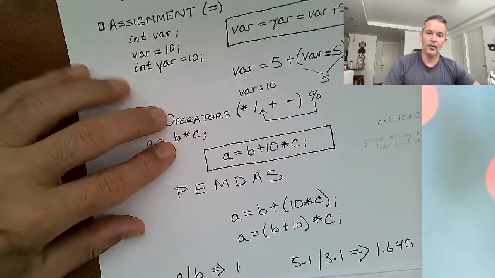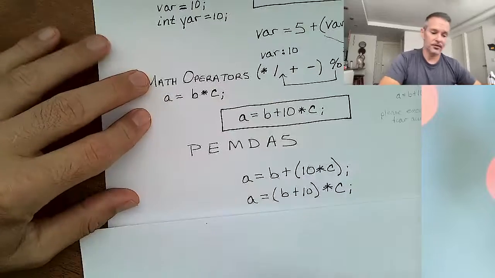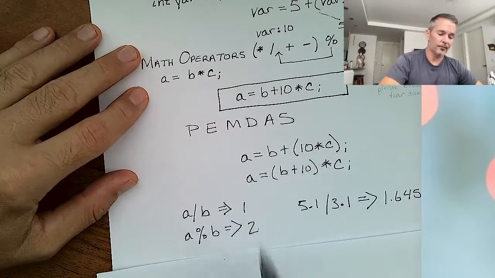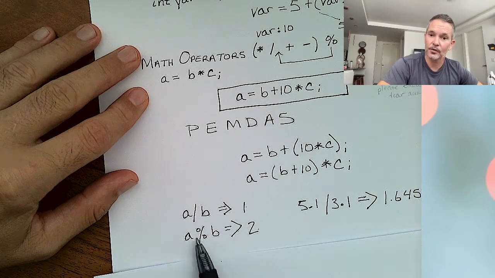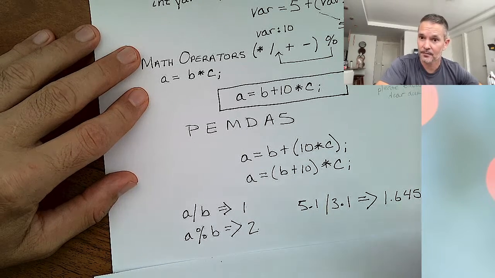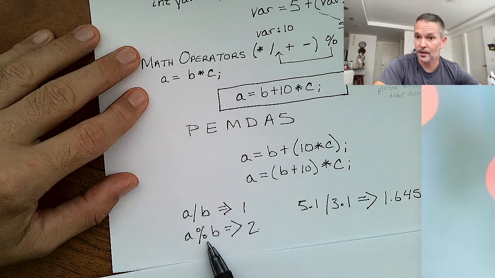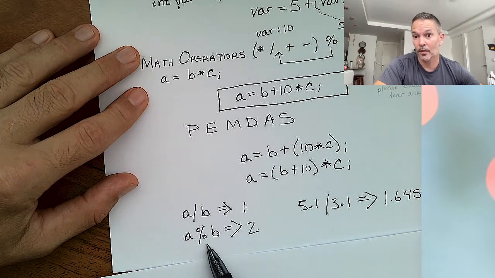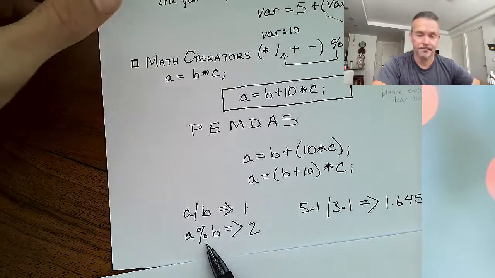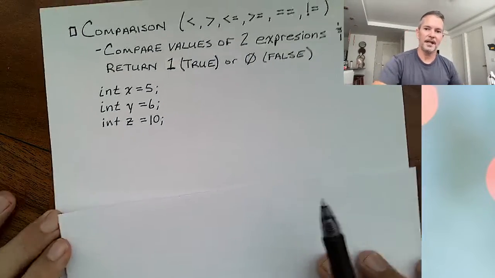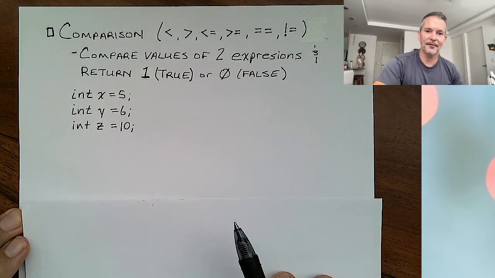But if you're operating on integer variables or integer values, it only returns you integer values, and so you can use this modulo to find the remainder. This is going to turn out to be very useful in programming, and we'll see more of that in future videos. All right, now let's look at some operators that maybe will be less familiar to you.